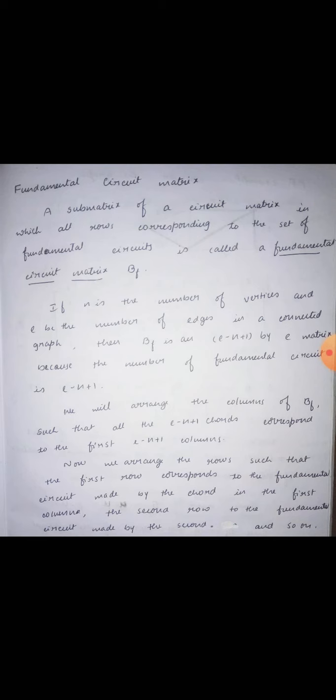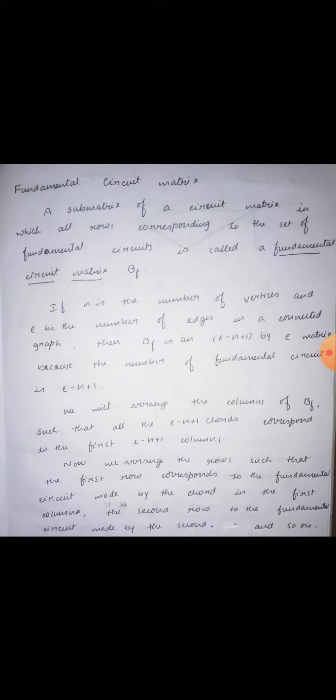Now we'll see what is the fundamental circuit matrix. What is a fundamental circuit? It is the circuit formed by a chord. What is a chord? In any connected graph, we can write a spanning tree.